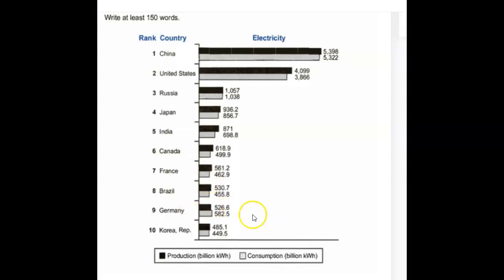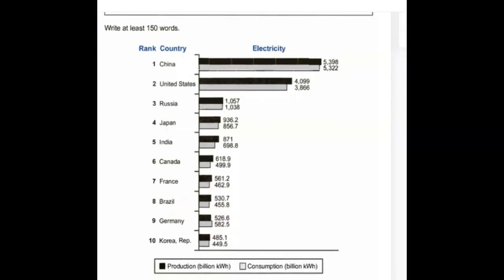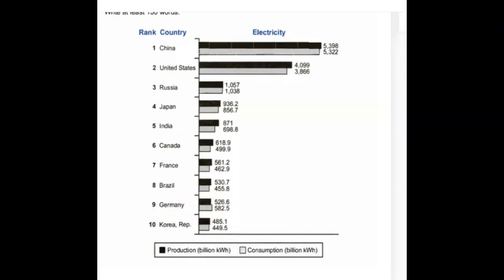Here I would absolutely want to mention Germany, since I already pointed it out before when we discussed it. So I would most certainly want to mention at this point that Germany was the only country whose consumption was greater than that of its production. And then I would say what those numbers are. I would finish out my answer by talking about Korea, saying that Korea's production was 485 and slightly lower was its consumption.